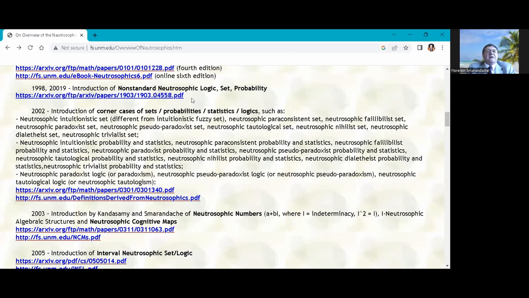Because the non-standard analysis was a little difficult to understand, it took maybe about 10, 15 years for the neutrosophic set and logic to be widely spread, because everybody was embarrassed by the initial definition of neutrosophic set and logic, where I used the non-standard numbers, the monad, binad, in order to define the logic.